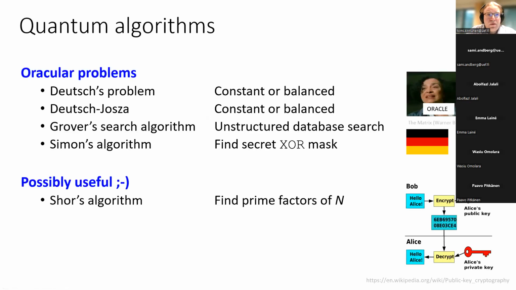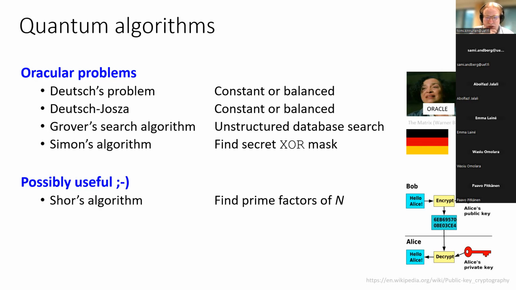Last week we started with something we call the Deutsch problem by David Deutsch, which addresses the constant versus balanced problem. This is an example of what we call oracle problems, or oracular problems, if you prefer the adjective.